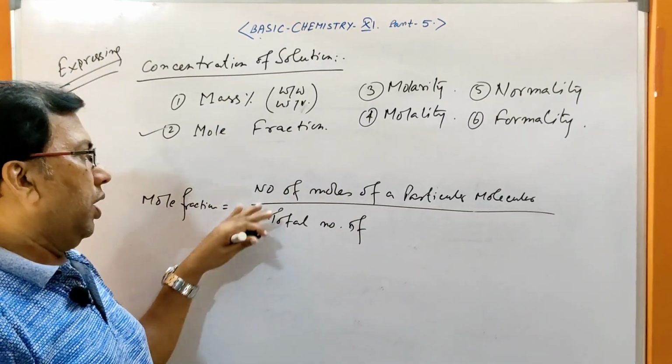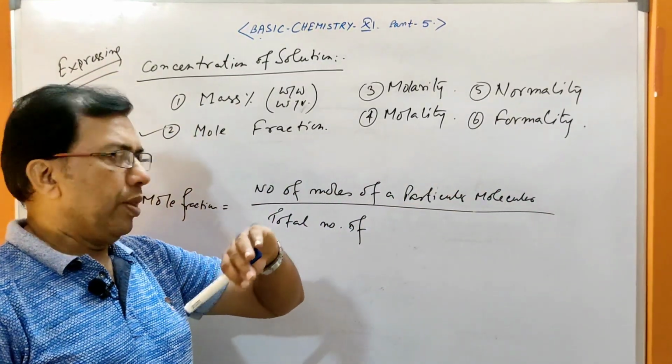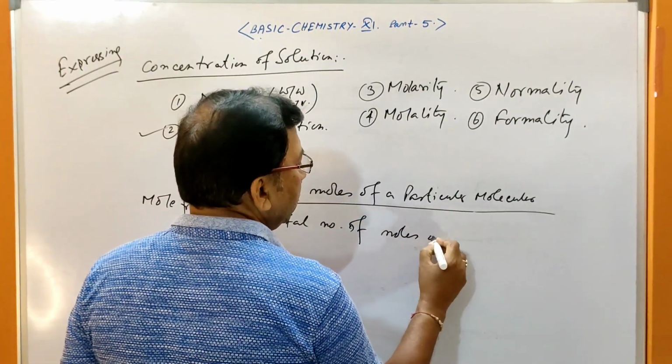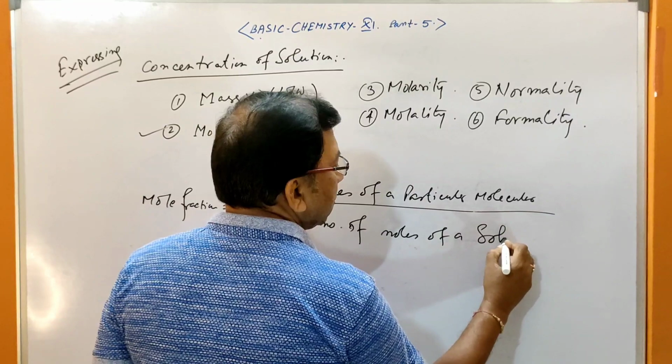It is the ratio of the number of moles of a particular molecule by the total number of moles of a solution.